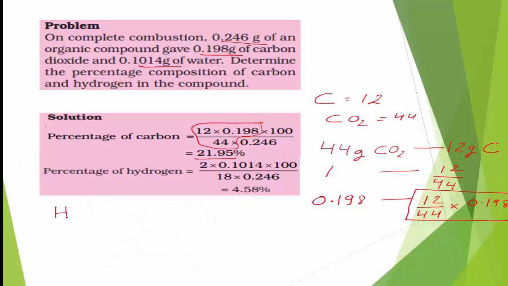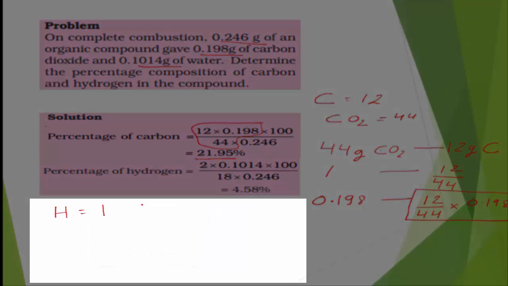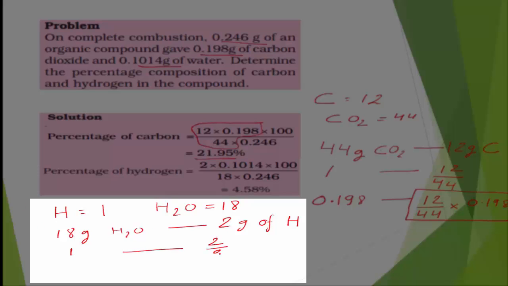Atomic weight of hydrogen is 1 gram. We are doing it for 1 mole. And then for water it is 18 gram. So in 18 gram of H2O, how much is there? 2 gram of hydrogen. So in 1 gram there will be 2 divided by 18, that is 1 by 9.